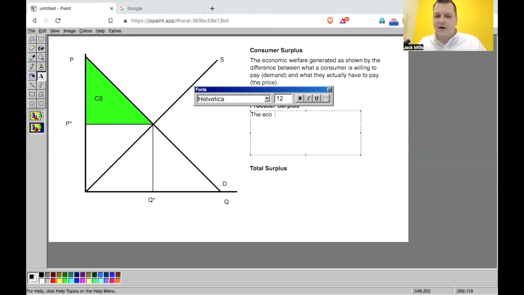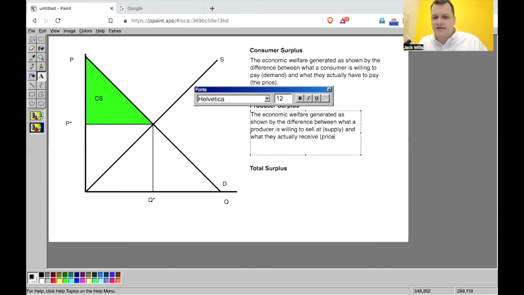And this is the economic welfare generated as shown by the difference between what a producer is willing to sell at, okay? That's going to be roughly equivalent to marginal cost, or we'll call it supply, and what they actually receive.